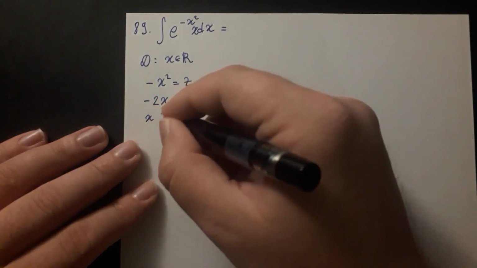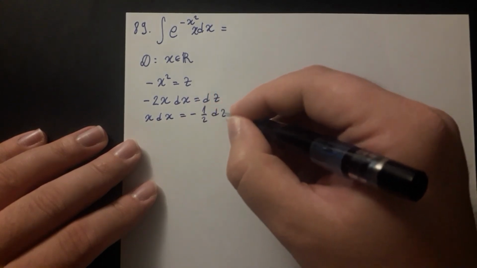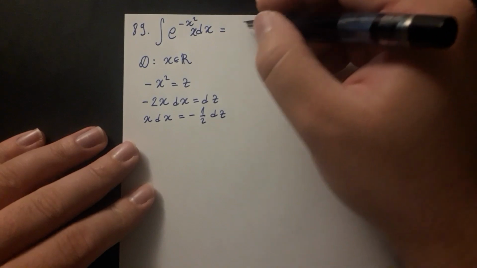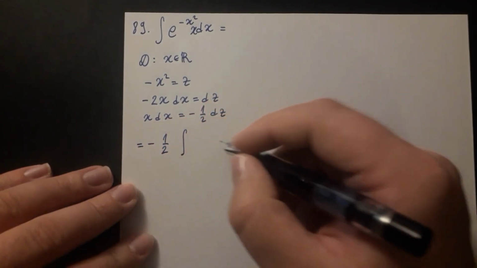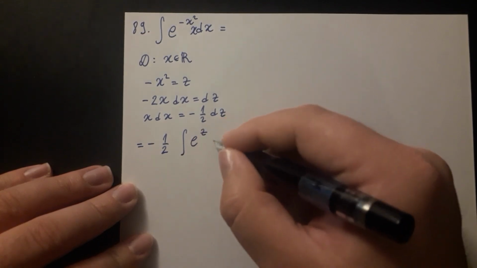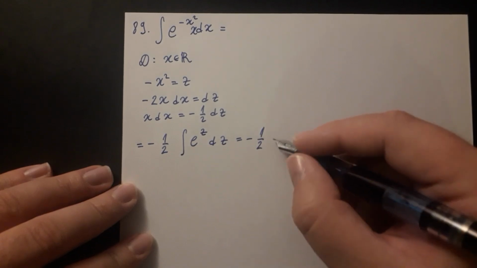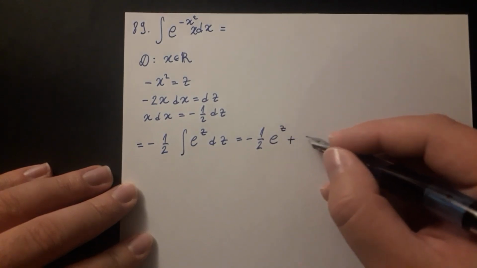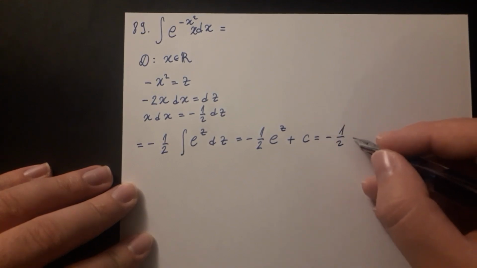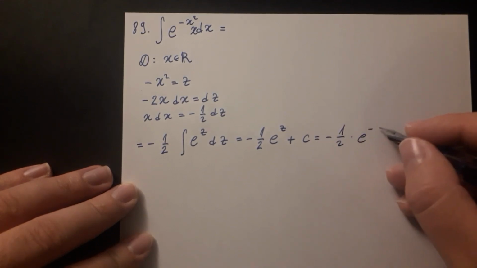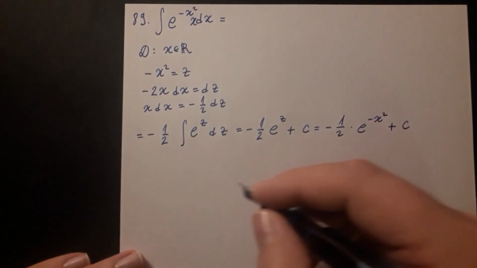That means that x dx is equal to negative 1/2 of the differential of z. So our integral then becomes negative 1/2 of the integral of e to the power z dz, which is equal to negative 1/2 of e to the power z plus an arbitrary constant c, which is equal to negative 1/2 times e to the power of negative x squared plus c.